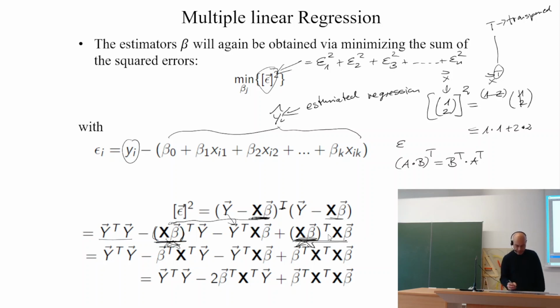What we can also do is that this part here can, so to speak, just be transposed twice. Because if you transpose A^T again, then of course you end up with A itself.